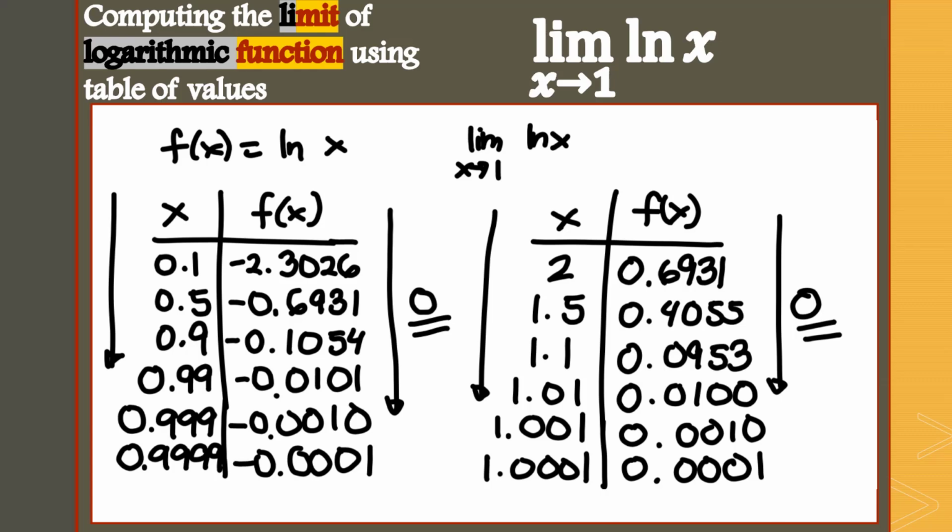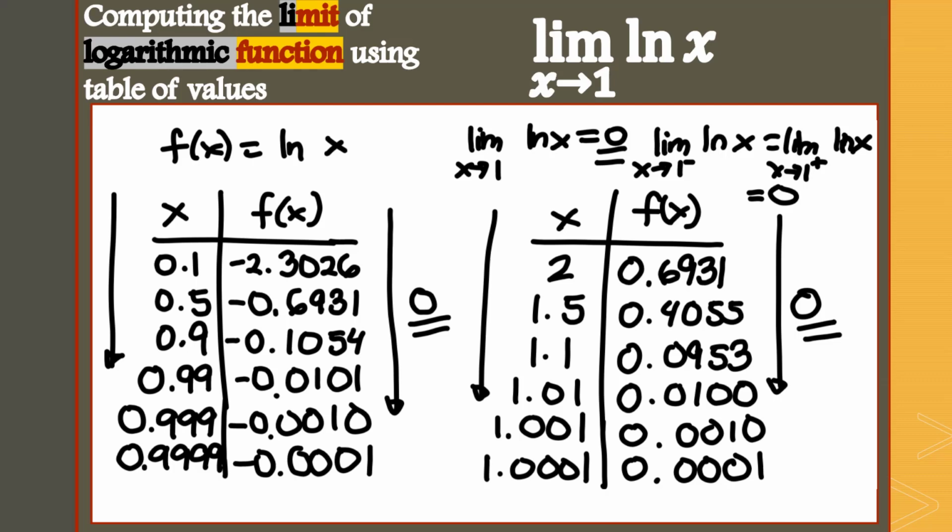Take note, the first one from the left, you can write like this: the limit of the natural logarithm of x as x approaches 1 from the left is equal to the limit of the natural logarithm of x as x approaches 1 from the right, and they are both equal to 0. From here, we can now say that the limit of the natural logarithm of x as x approaches 1 is also equal to 0.